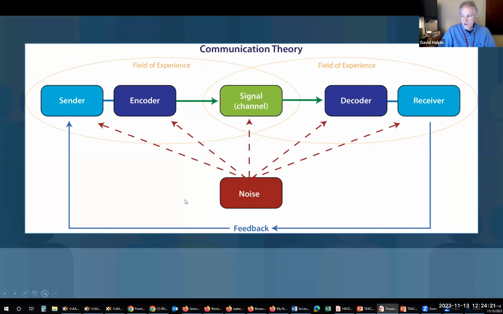And you'll notice here we have noise that can interfere at any step along the way. And there can be many sources of that noise, and they serve as barriers to effective communication. And in our case, learning. They're barriers to learning. And you'll notice these ovals, these fields of experience, are going to determine how the sender encodes and delivers the message and how the receiver decodes and interprets that message.